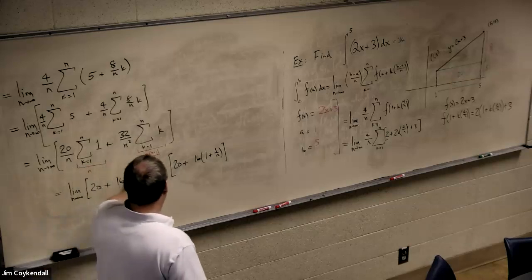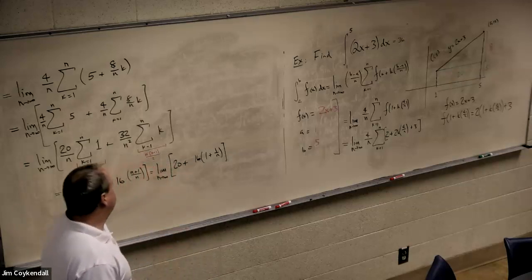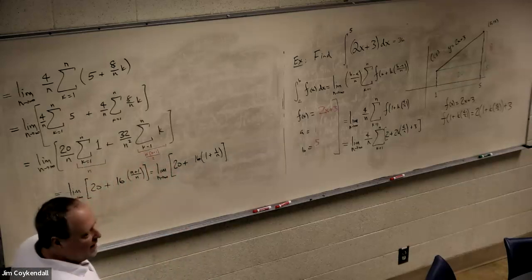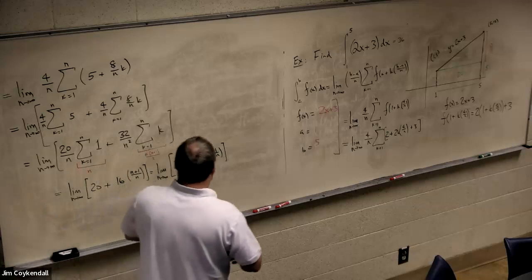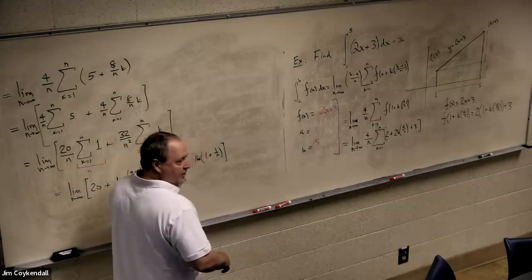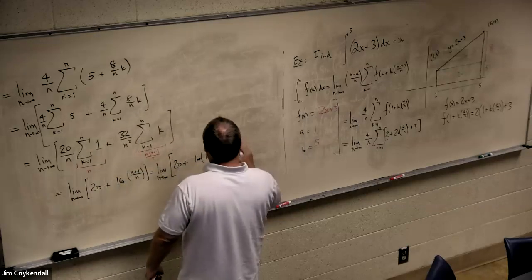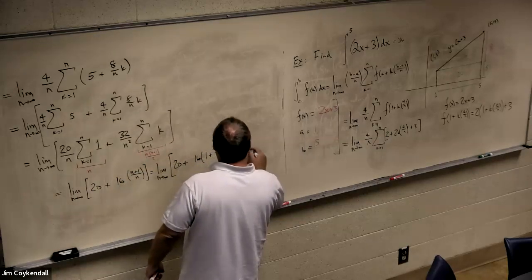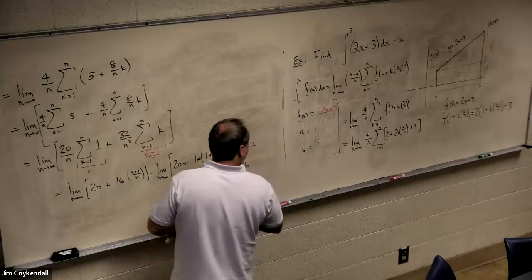I just rewrote this as n over n, 1 plus 1 over n. What happens to this as n goes to infinity? Well, 20 is not doing anything, it stays where it's at. 1 over n is 0. So I get 20 plus 16, which is 36.